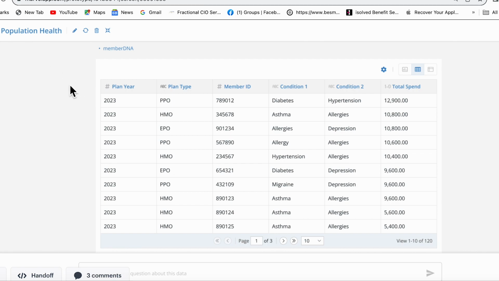And using that voice query, we can see a return of this cohort, beginning with the highest total spend from a case standpoint, and also conditions that are listed, condition 1 and condition 2, along with the member ID, the plan type, and also the plan year.